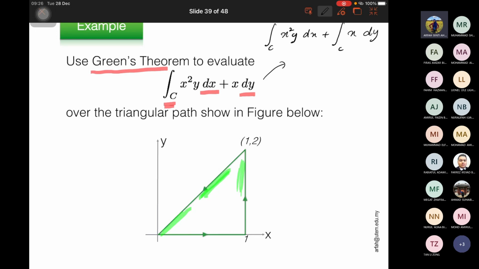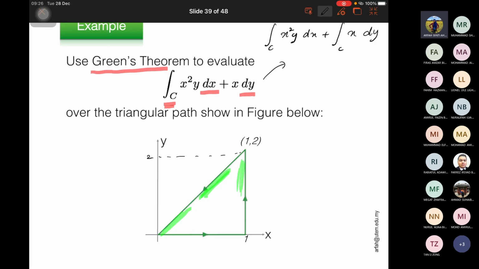Okay. So dia suruh dapatkan over the triangular path shown in figure below. So this is titik 1, yang ini titik dia adalah 2. Macam mana kita nak guna this one to solve, how we are going to solve this one by using the Green's theorem.